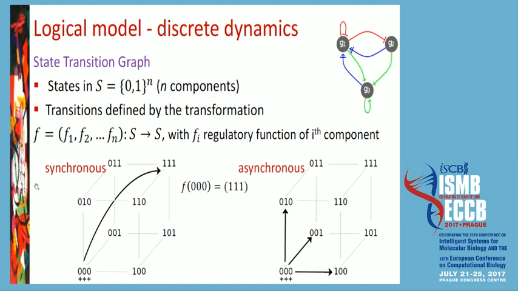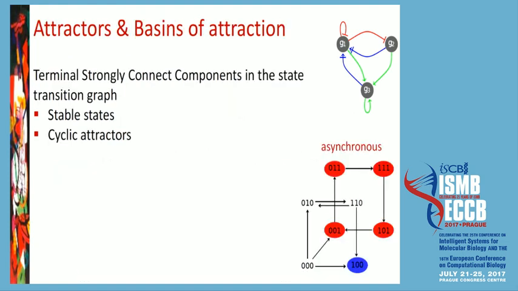So meaning from this synchronous dynamics, which is completely deterministic, I'm defining here a non-deterministic behavior where from this state I may increase one of the components, and this is kind of a race, and if we have no information about the delays, I will consider all potential trajectories of the system.